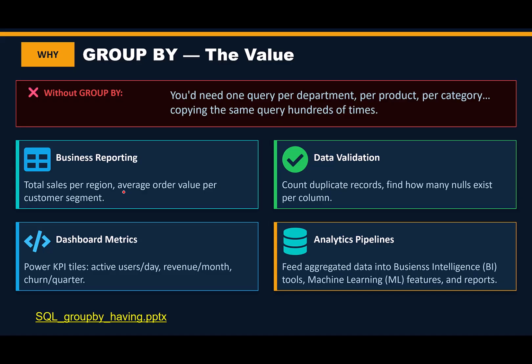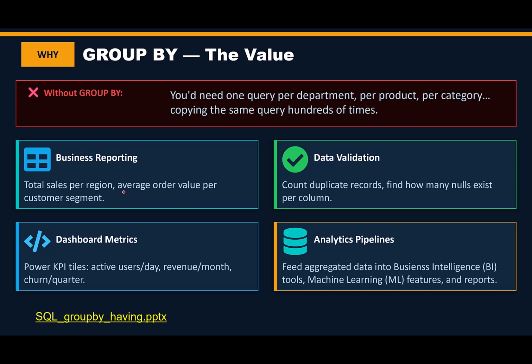And just to summarize it, why do we use group by? Because with group by, for instance, if you want to get some summary statistic by the department or by the product or by the category, without group by, you pretty much need to write many SQL select statements, like select certain information and average salary where the department ID is equal to department 10, department 20, department whatever.